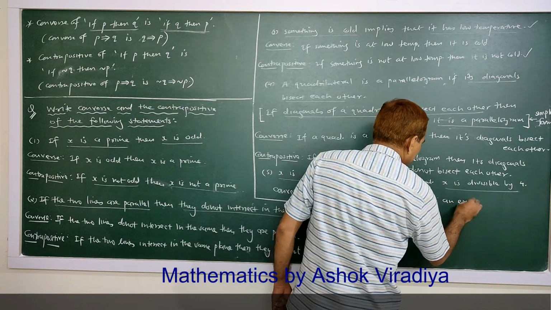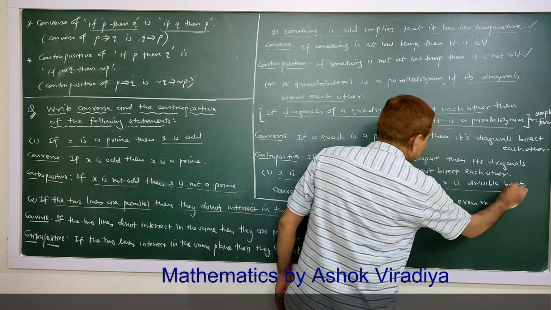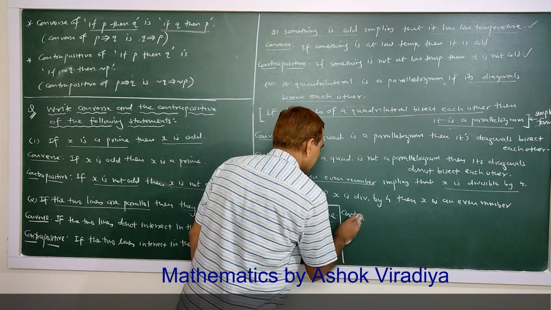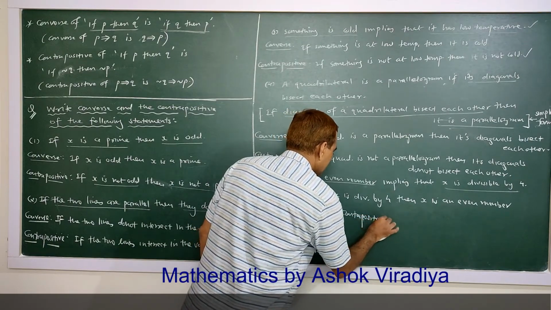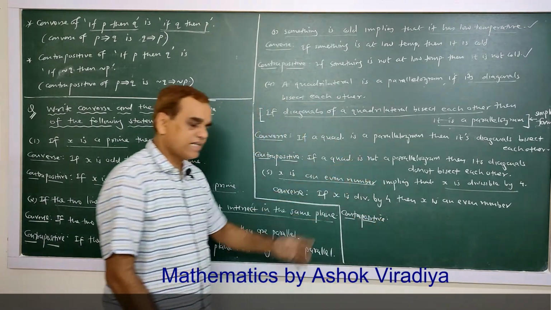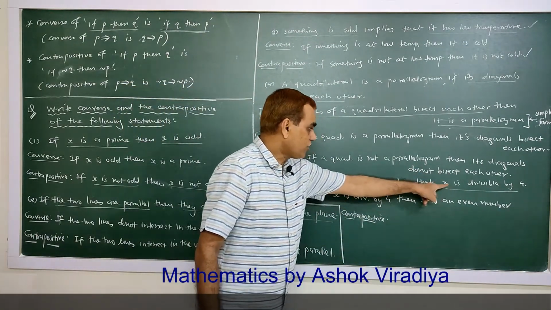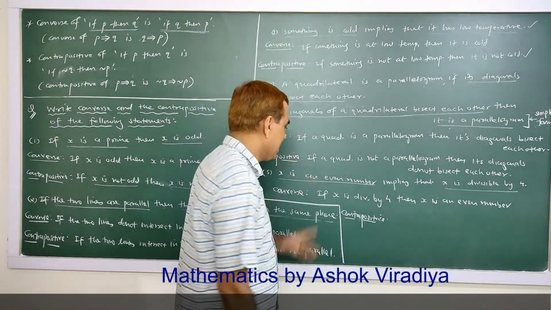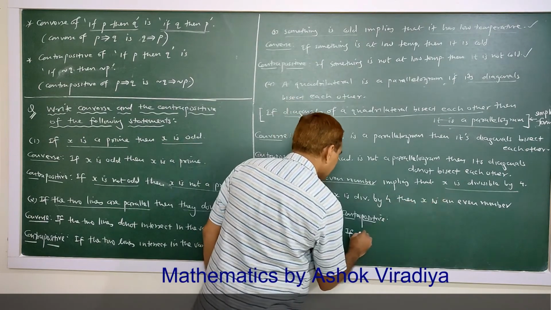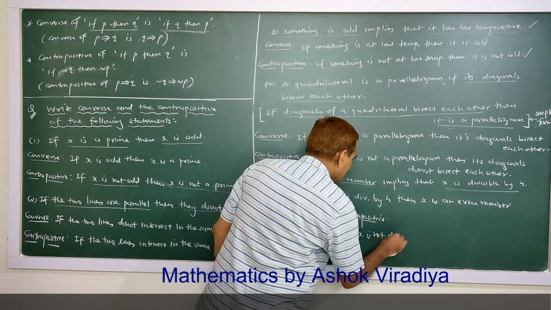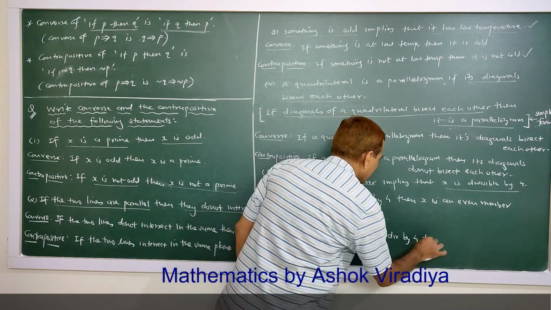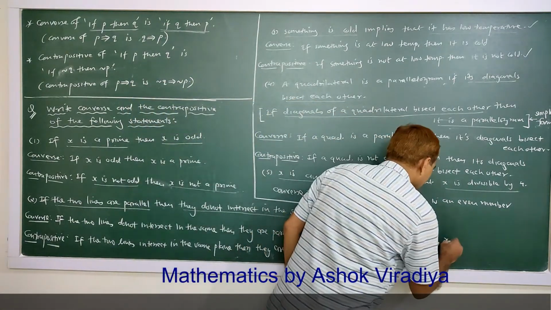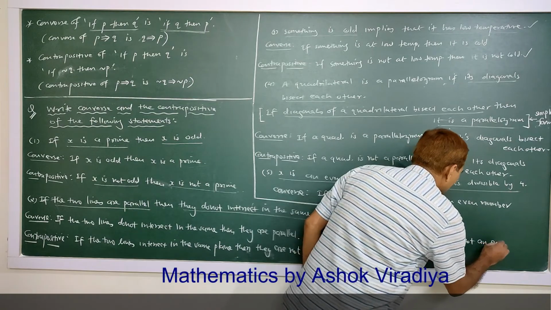And contrapositive of this statement is not Q implies not P. That means if not Q, then not P. If x is not divisible by 4, then x is not an even number.